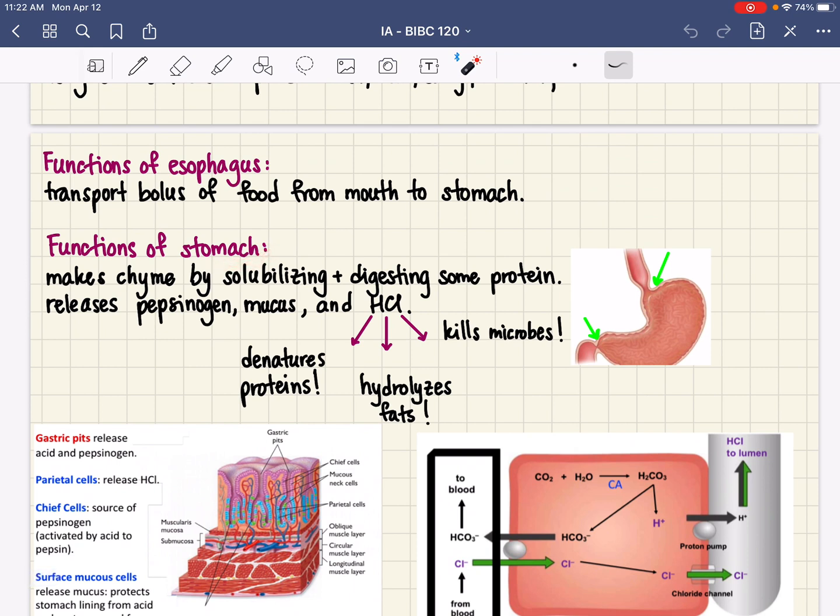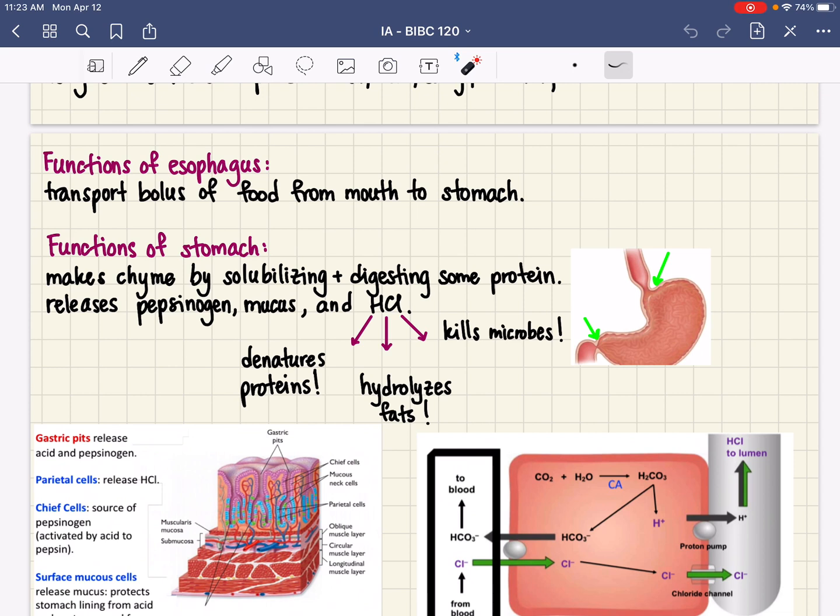So once we get to the stomach, the bolus of food is turned into chyme. And chyme is just the solubilized and digested version of the bolus, the ball of food that came into the stomach. And this happens through digesting some of the protein and mixing with some gastric juices.